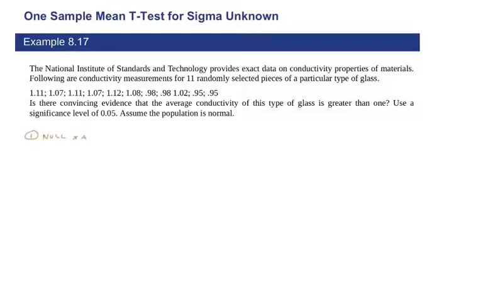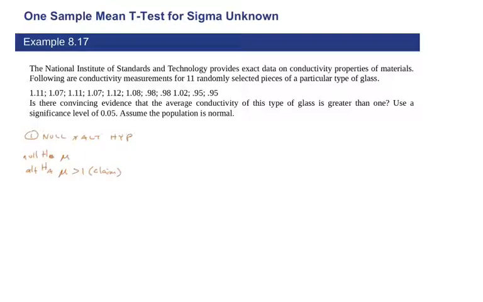Okay, so let's go ahead and do our 4 steps. We're going to start off with the null and alternative, so our H0 and HA. So there's the null and the alternative here. And our claim here is saying that it is larger than 1 in this case.